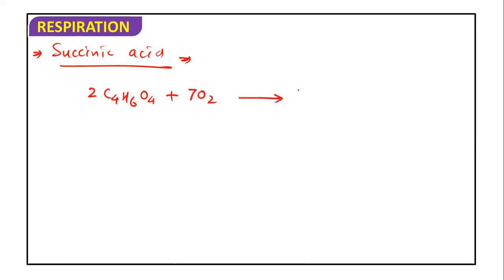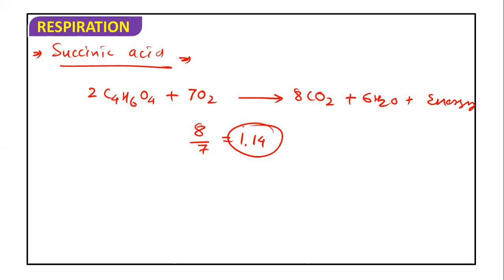Then, for succinic acid, the reaction is C4H6O4 plus 7O2 gives rise to 8CO2 plus 6H2O plus energy. So it is going to be 8 by 7, which is 1.14. So for organic acids, RQ is going to be greater than 1.